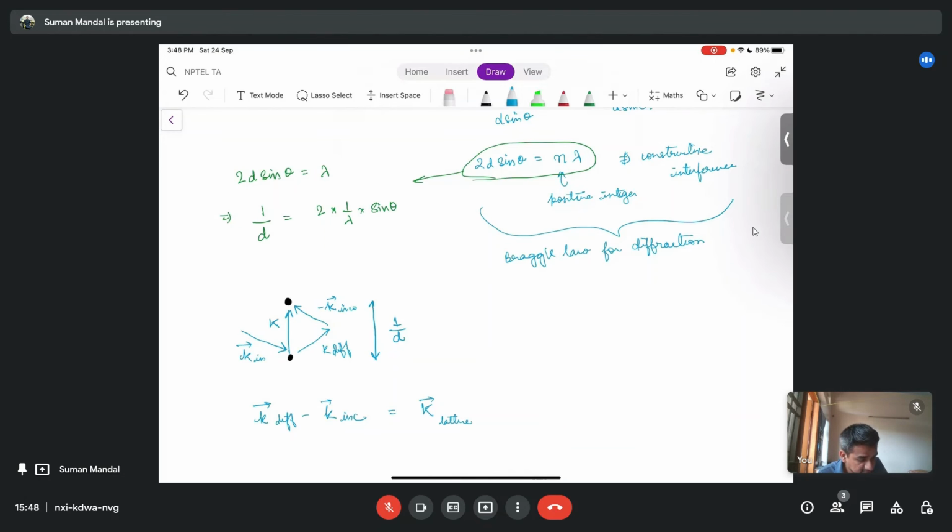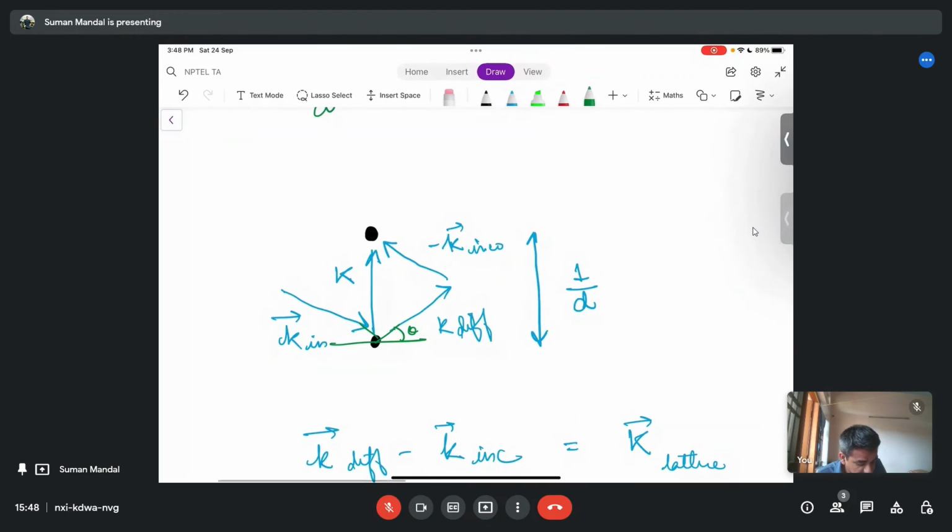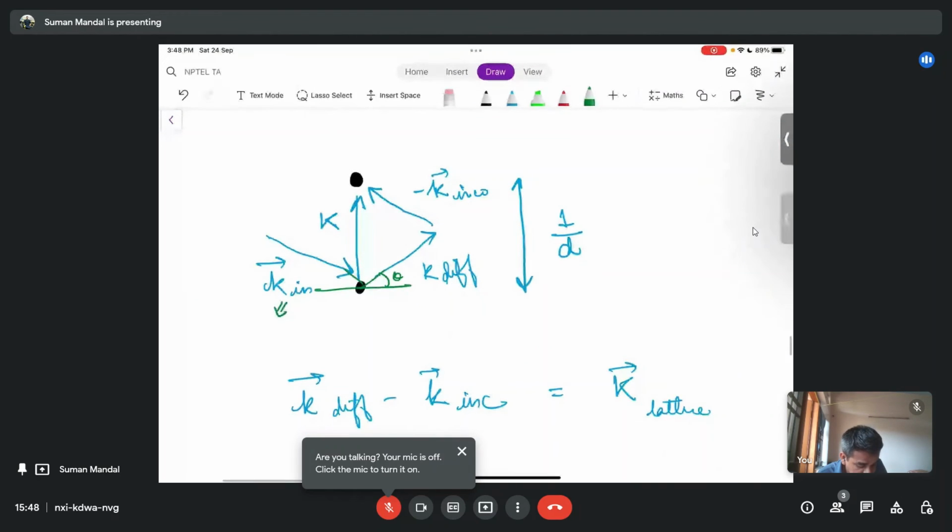And as we had discussed earlier, this is theta, and both of these k are equal to 1 by lambda.